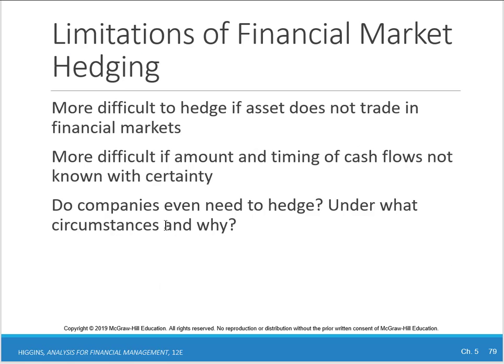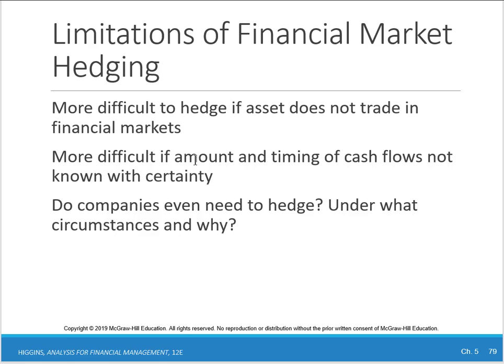So what are the limitations of hedging? It's a lot more difficult to hedge the asset if it doesn't trade, right? We need to have an active, efficient trading market for hedges to work. It's a lot more difficult if the amount and timings of cash flows isn't known.